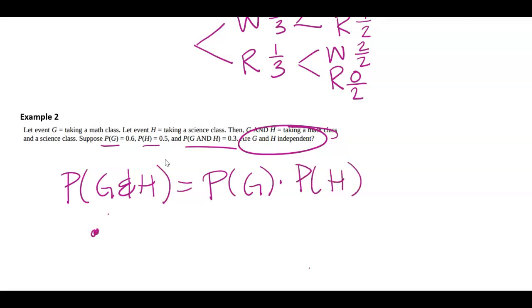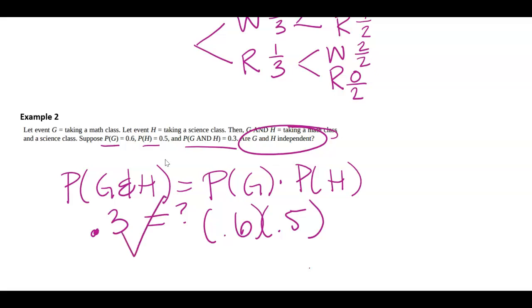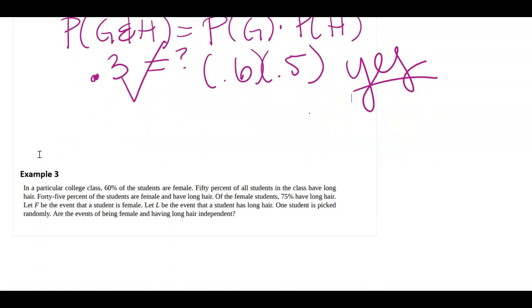So is 0.3 equal to 0.6 times 0.5? Well, half of 0.6 would be 0.3. So yes, these are independent, and that's the way that you can check using the formula that those two events are independent from each other.